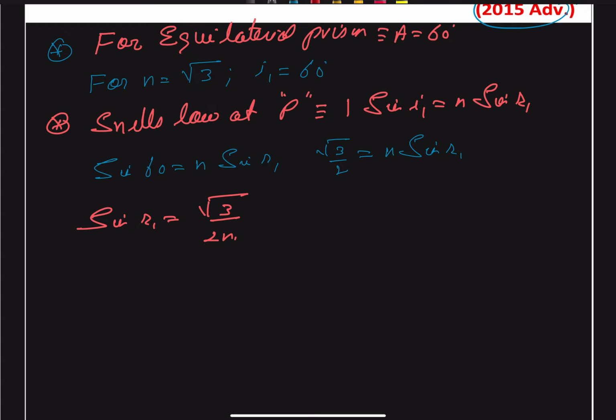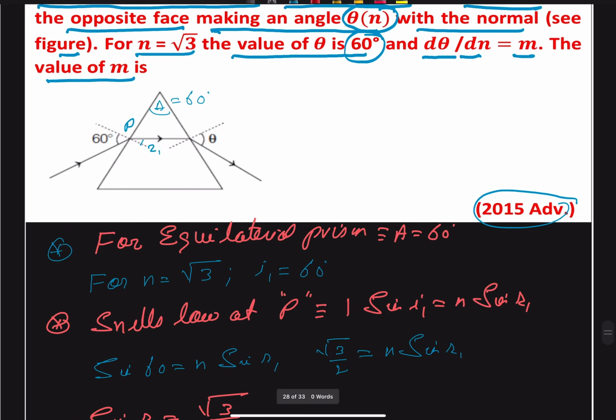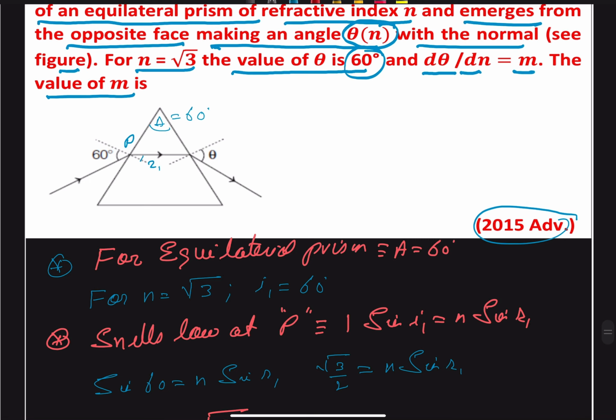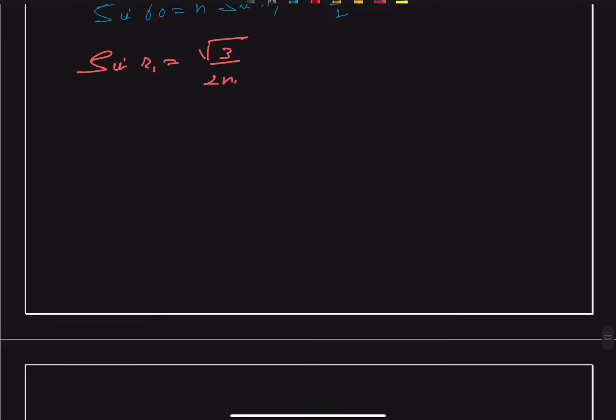For the ray which is inside the prism, let us suppose we have a second angle that we call R2. From the prism property, R1 plus R2 is equal to A. So from here we can write that R2 is equal to A minus R1, which comes as 60 minus R1.